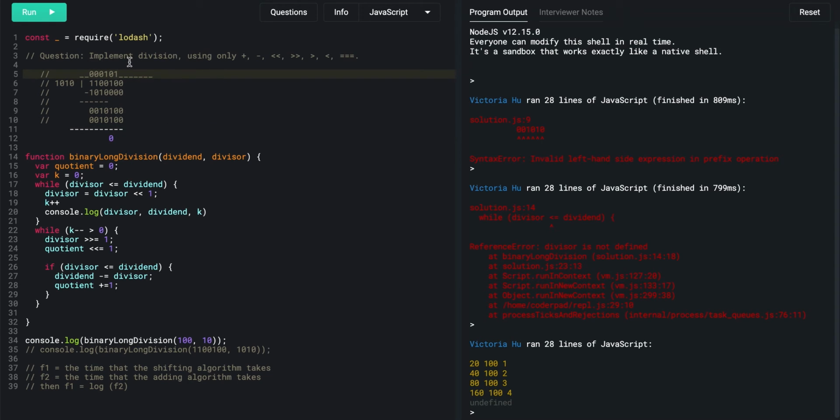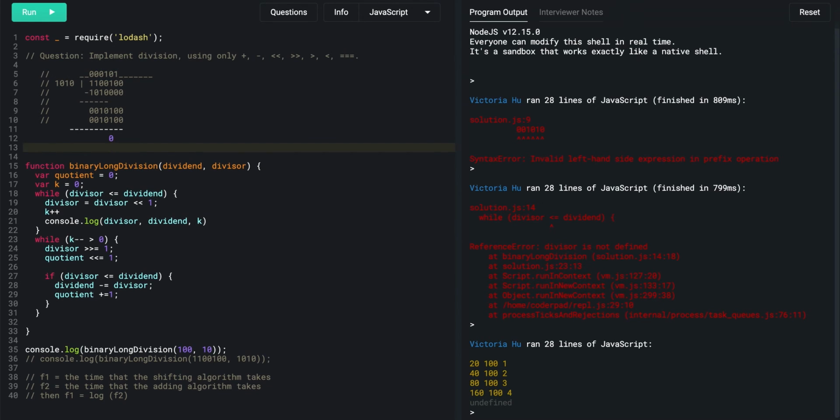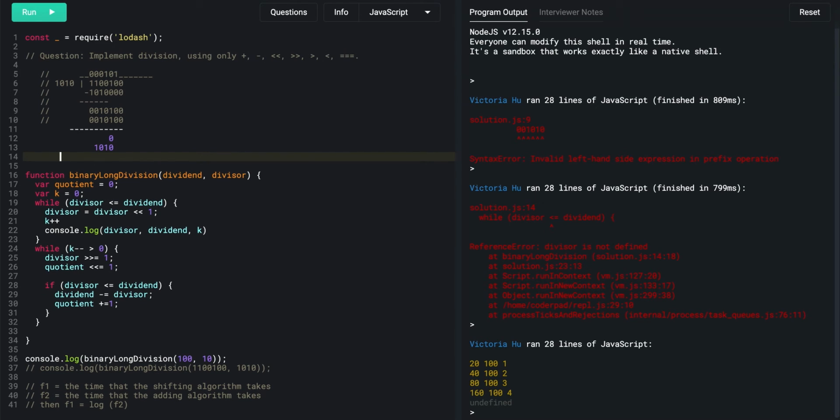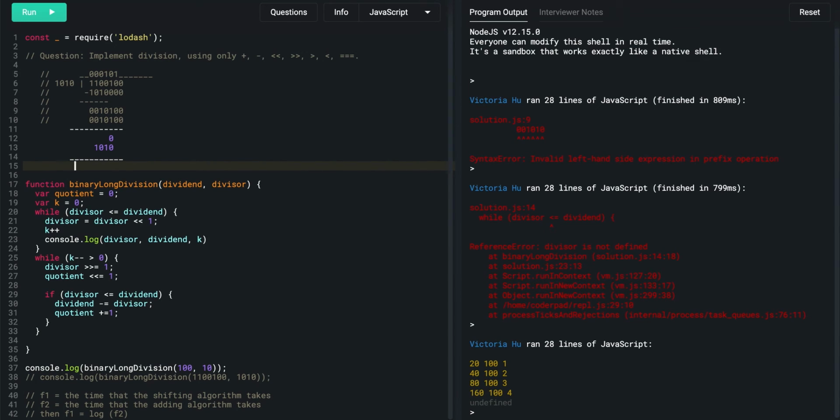Then we're going to multiply 1 by 1010. And that's going to give us 1010 as a remainder.